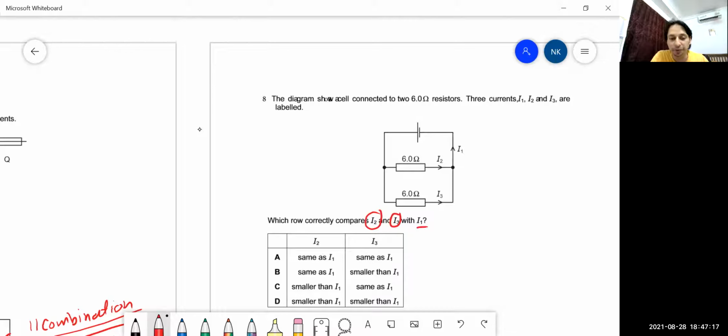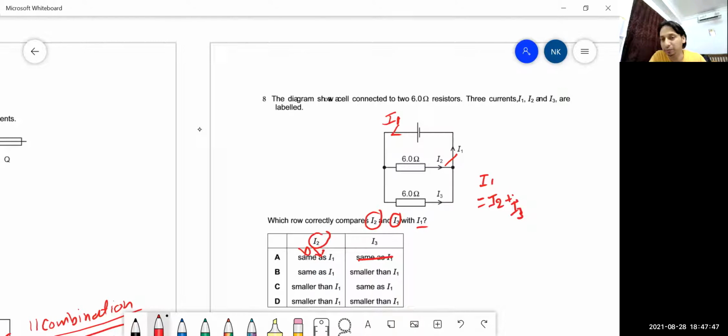Let me go to the options. I2 is same as I1. How is it possible that I2 is the same as I1? Let me write this equation here: I1 is equal to the sum of I2 plus I3. The total current produced by the battery is I1 as per the diagram. So I1 is equal to I2 plus I3, and so this is wrong, no need to go to this part.